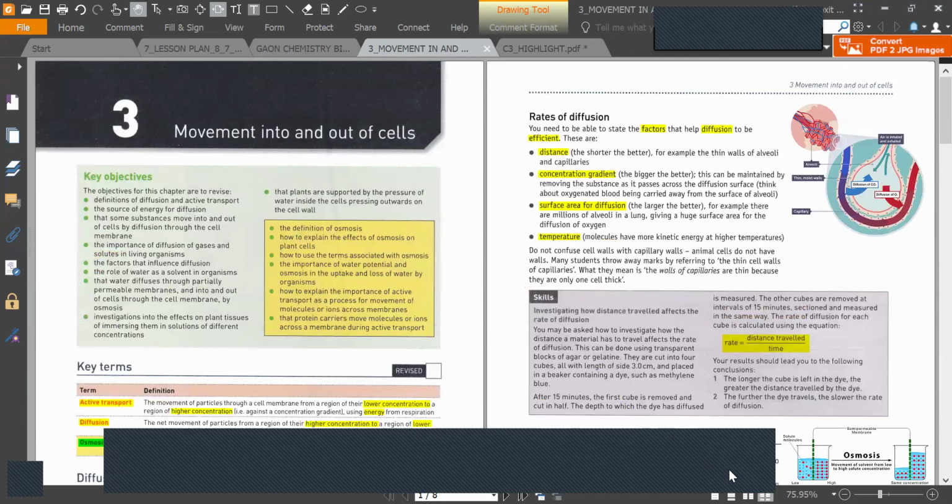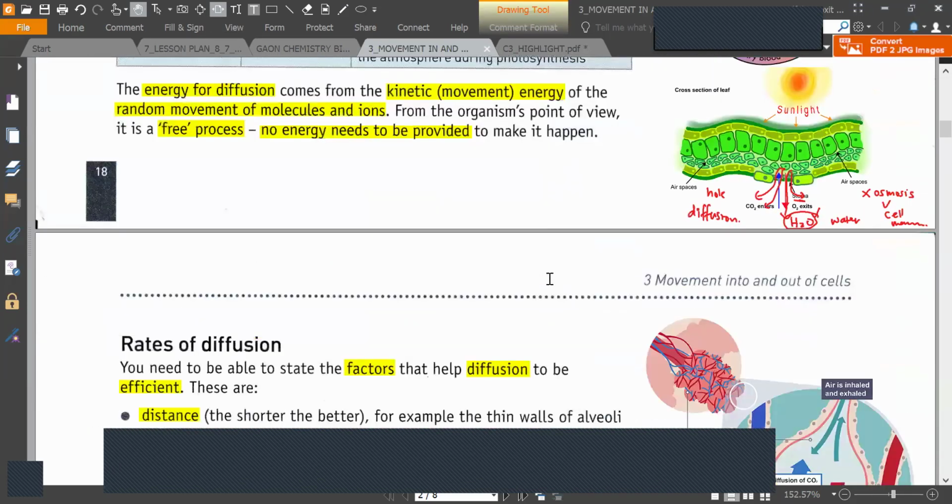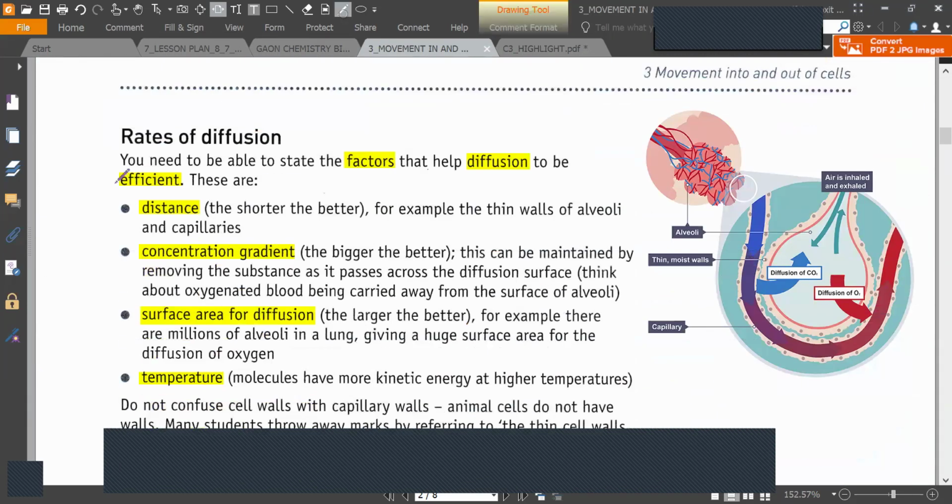Distance: very short distance because we have very thin moist walls, just 1 cell thick. Concentration gradient: oxygen is high inside the alveoli and low in the blood, so it will diffuse into the blood. Surface area: we have hundreds and thousands of these alveoli, so it provides a high surface area.